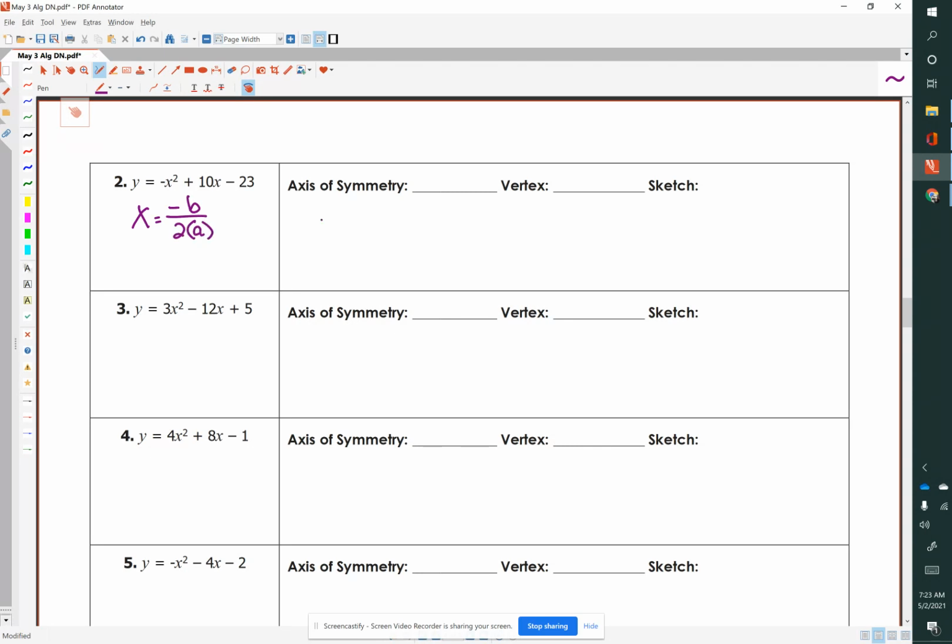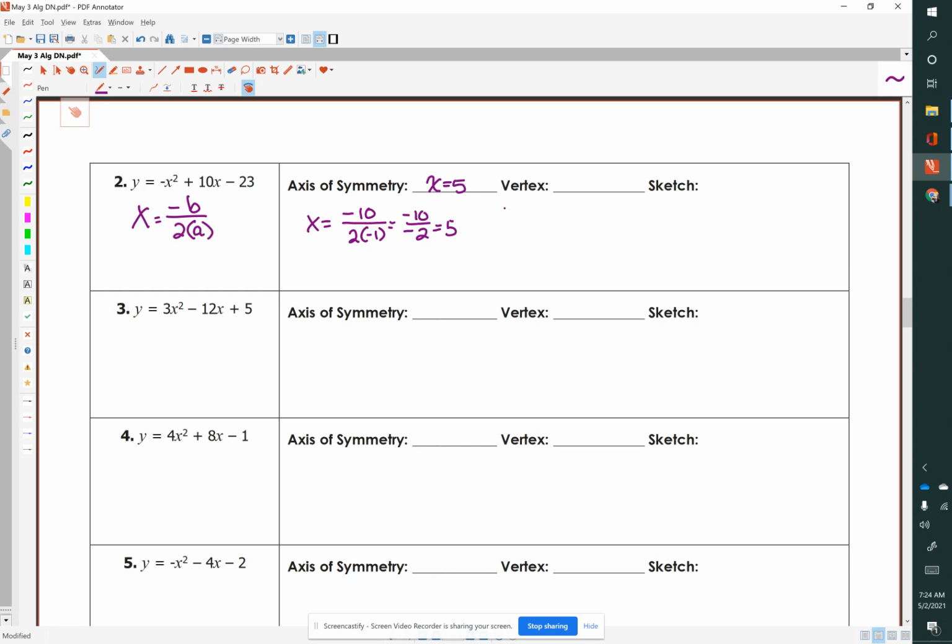Okay, so our b value for number 2 is 10, and 2 times our a value, which is negative 1. So that would be negative 10 over negative 2, which equals 5. So our axis of symmetry, x equals 5.